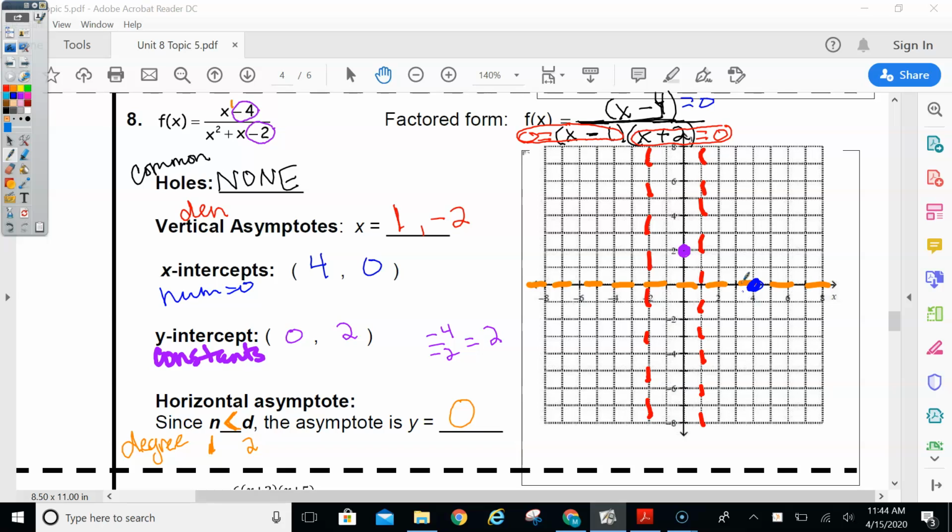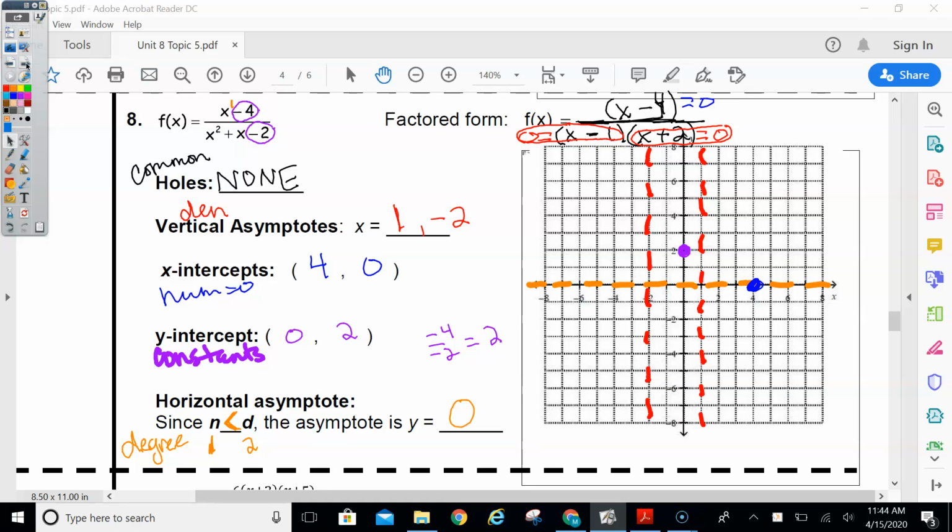How can I have a point there? The horizontal asymptote does not mean that it can't be that. It just means what does it get close to in the ends. So in the ends, it's going to get close to this line. It's okay if it touches it around here, but towards the end, you want it to approach it. So looking at this information, that's not a very useful one to figure out what the graph looks like.